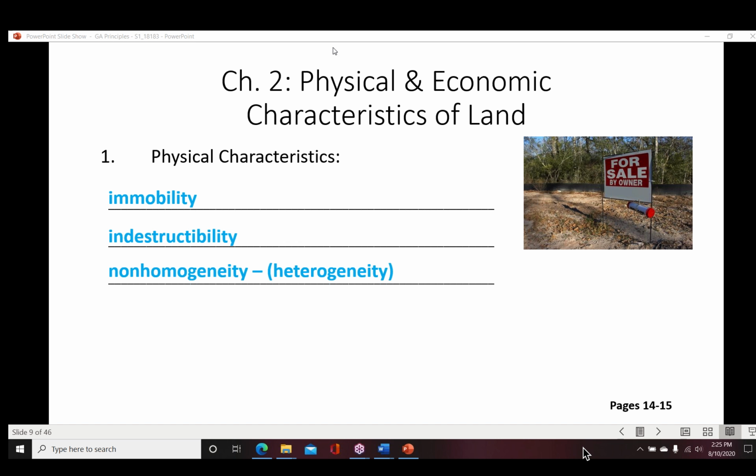You cannot destroy land. Lee, what about these fires that we see all the time out in California? That's because there are a bunch of idiots out in California. This should be a crime. I'm just telling you, it should be a crime.